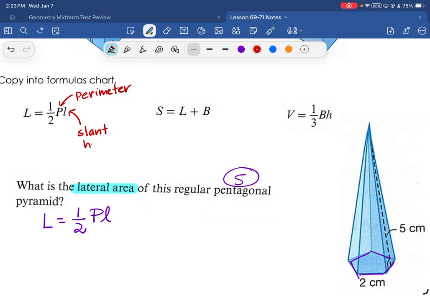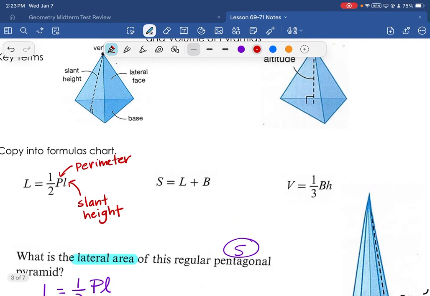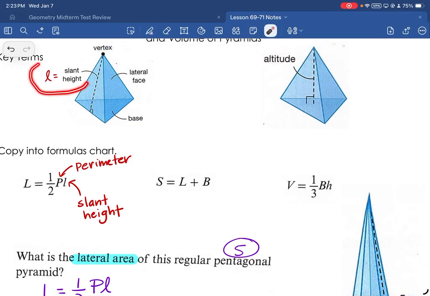And it's important to write slant height here because that's not obvious. A cursive L is not obvious for slant height. And I might even want to write it over here next to this thing. So on this diagram, put a cursive L next to the slant height. All right, now we can move on.